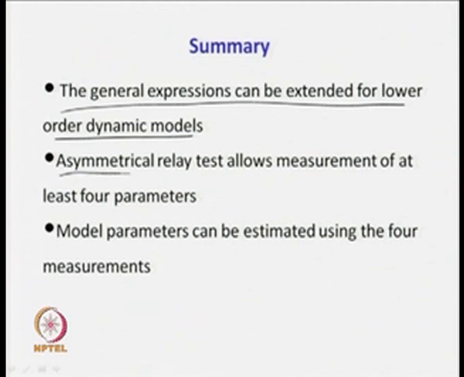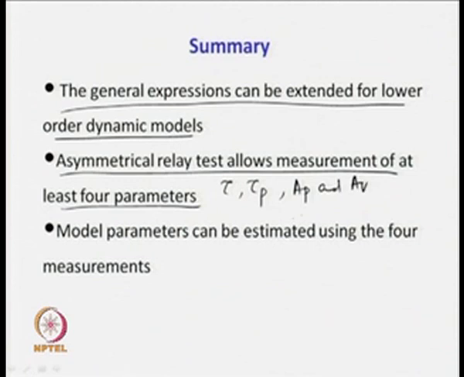Then, the asymmetrical relay test allows measurement of at least 4 parameters. What do we mean by at least 4 parameters? As we have seen, one can measure the span tau as well as the period tau p, whereas one can measure A p and A v or T p and T v. So, at least 4 measurements can be made, more measurements can be made, but only 4 expressions are to be solved simultaneously to find the 4 unknowns associated with the transfer function model.